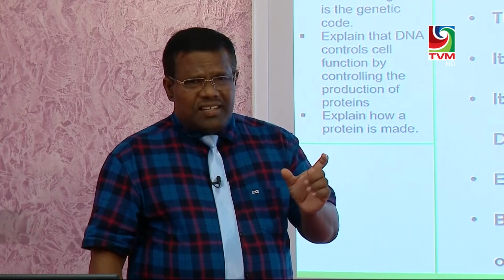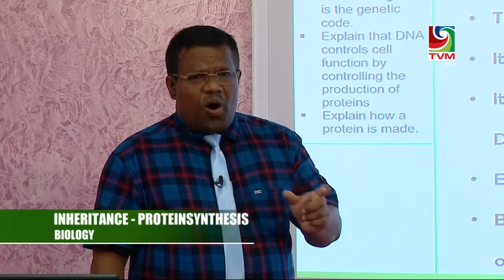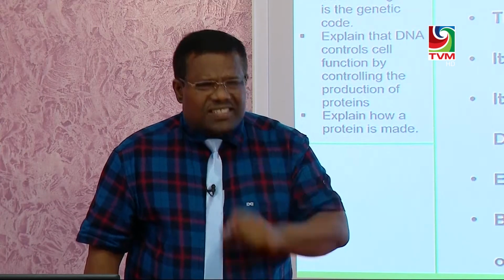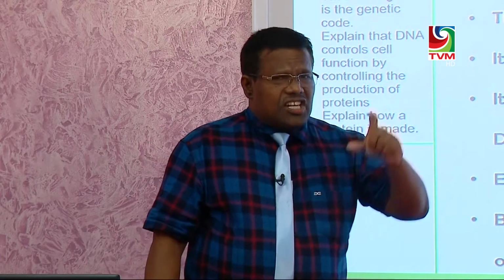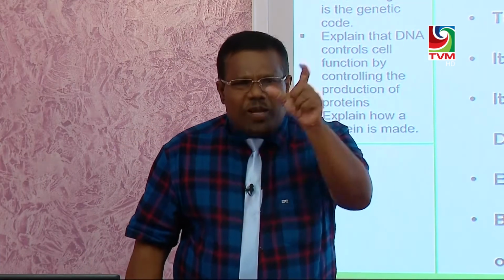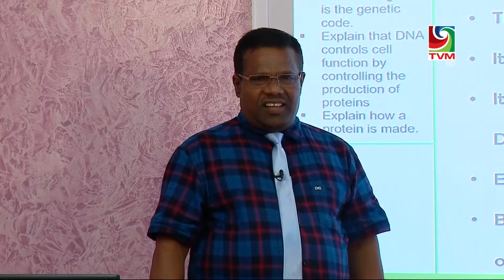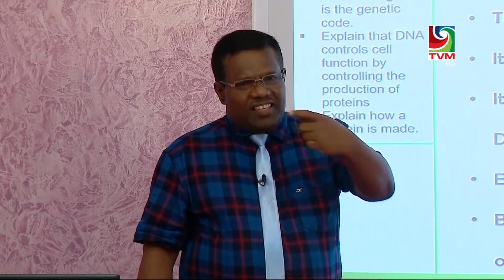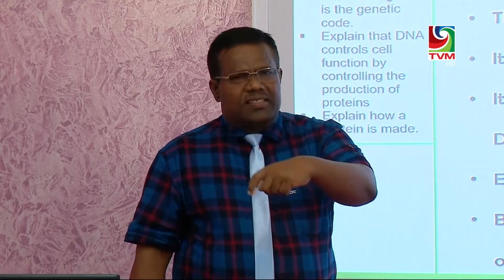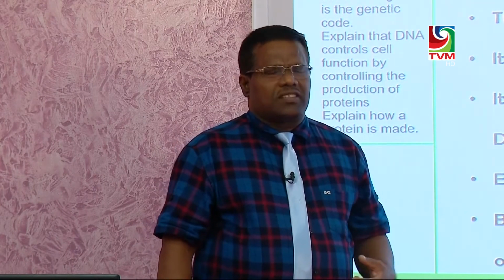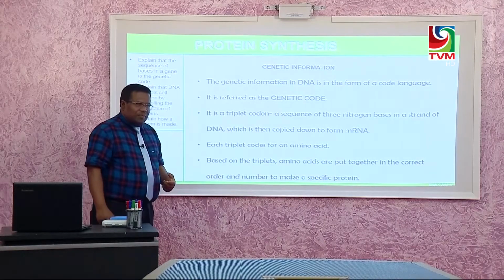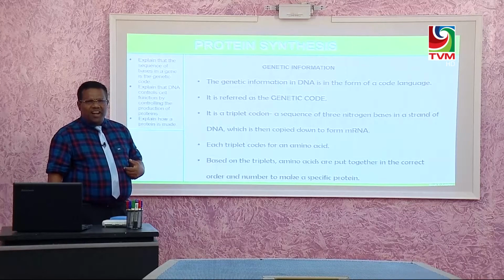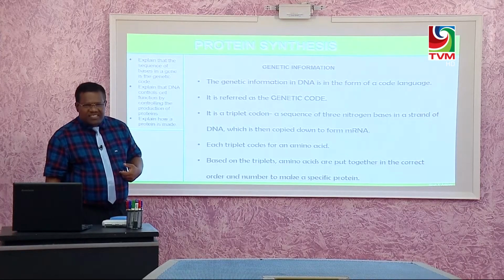That means in the DNA or in the messenger RNA, there are 51 triplets. I told you each triplet is coding for an amino acid. If there are 51 triplets, there will be 51 amino acids. That means how many nitrogen bases? Multiply by 3, 153 nitrogen bases.